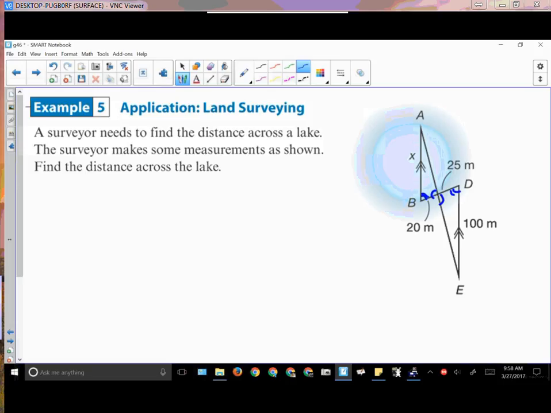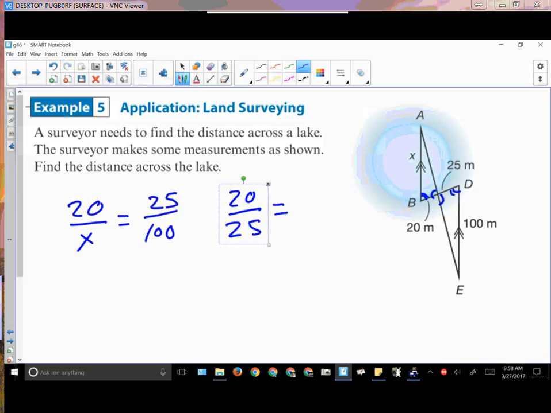So we know that we could set up the ratio of 20 over x should go to 25 over 100. Well, I suppose if I didn't want to do it that way, I could have done it this way: 20 over 25 is going to be equal to x over 100. Same thing, only different, right?